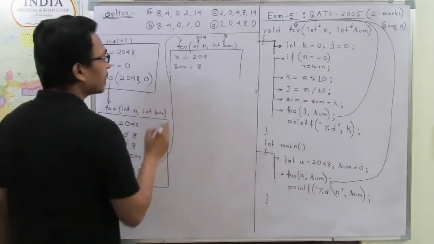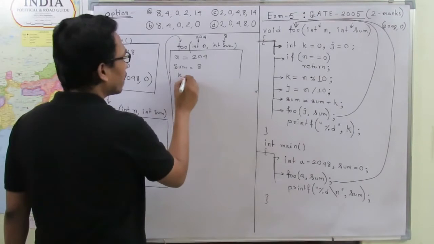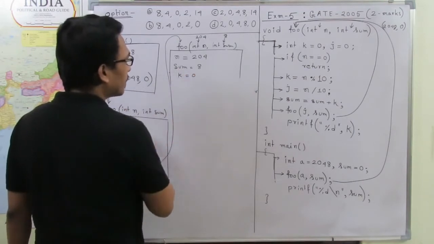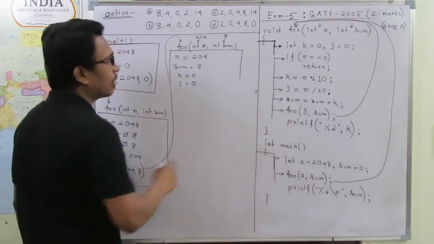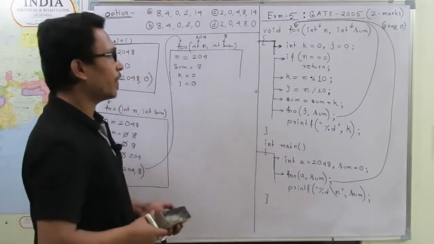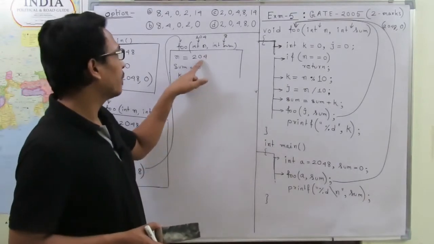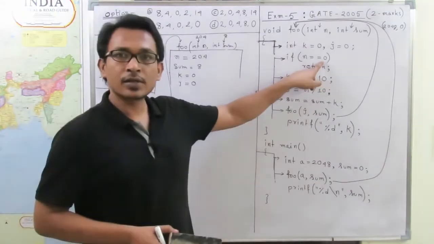Inside the function definition, first it will create a variable k with initial value 0. The second variable it will create is j with initial value 0. Now come here. In this instruction, what is the value of n? The value of n is 204. Is it equal to 0? No, it is not equal to 0.